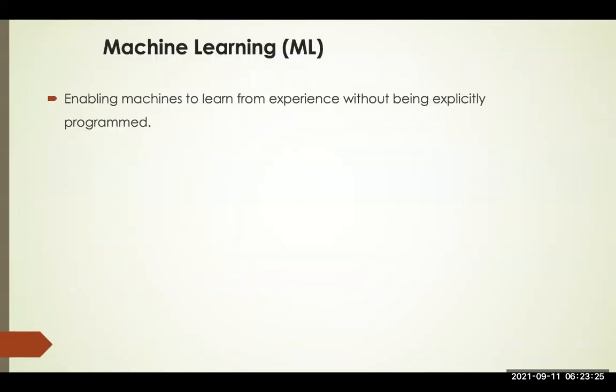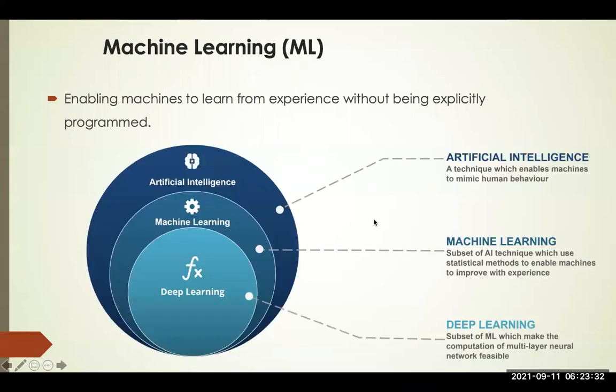Okay, so we've explained this is enabling a machine to learn from experience without being explicitly programmed. Machine learning is a subset of artificial intelligence, so they are all under the umbrella of AI. That's why when you are building machine learning models and you become a machine learning engineer, you can say you are in the field of AI.